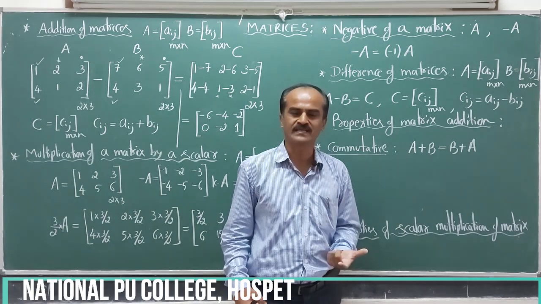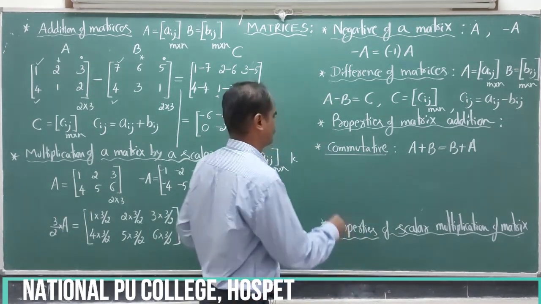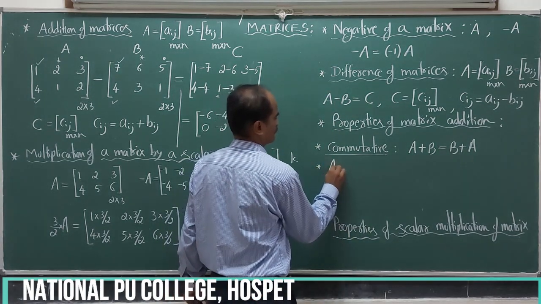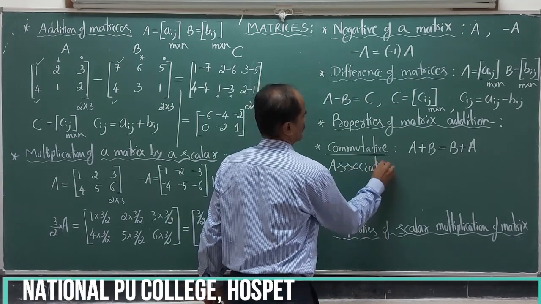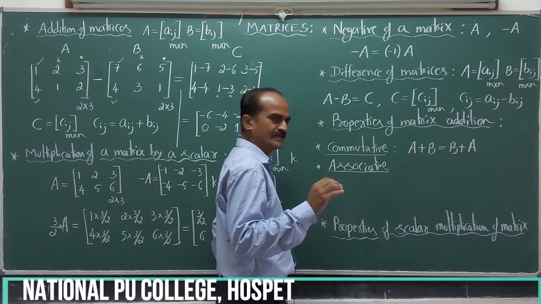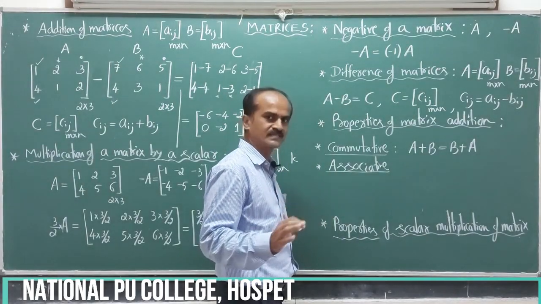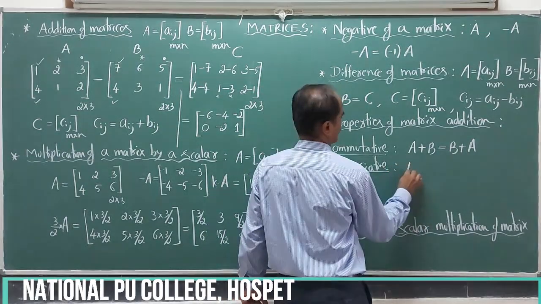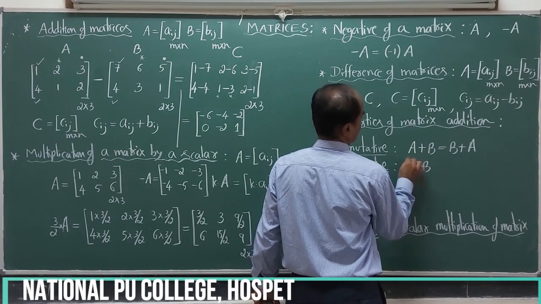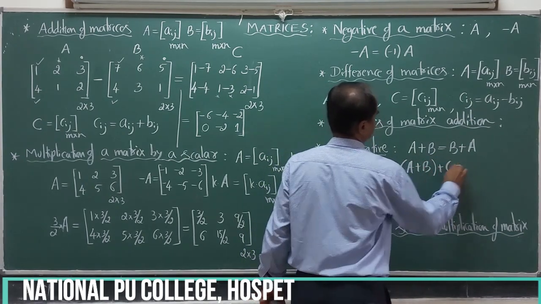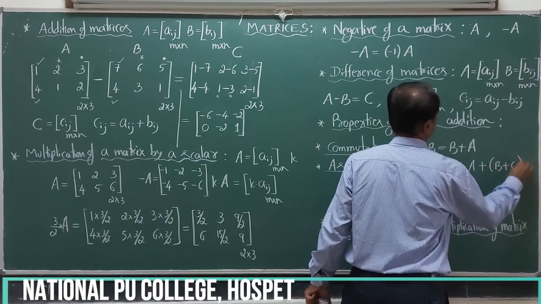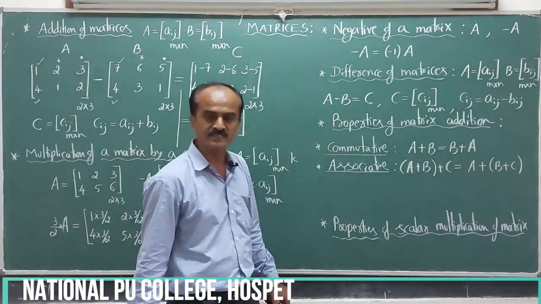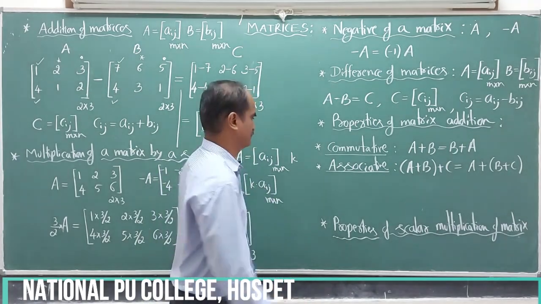Similarly, it satisfies the associative law also. If A, B and C, three matrices, are of the same order, then A plus B plus C is the same as A plus of B plus C. Matrix addition is associative.